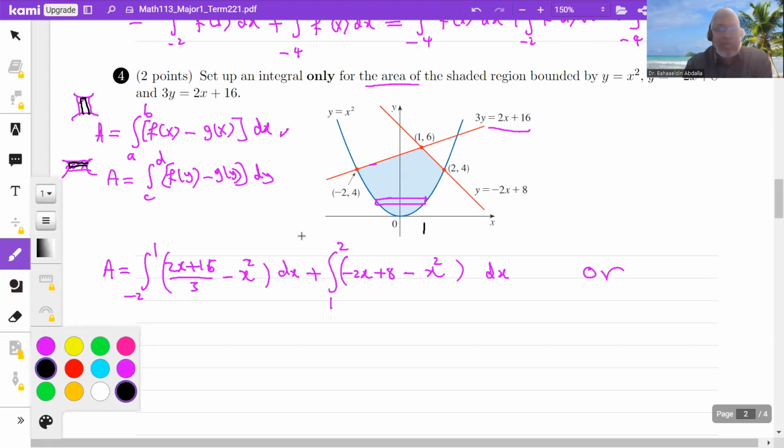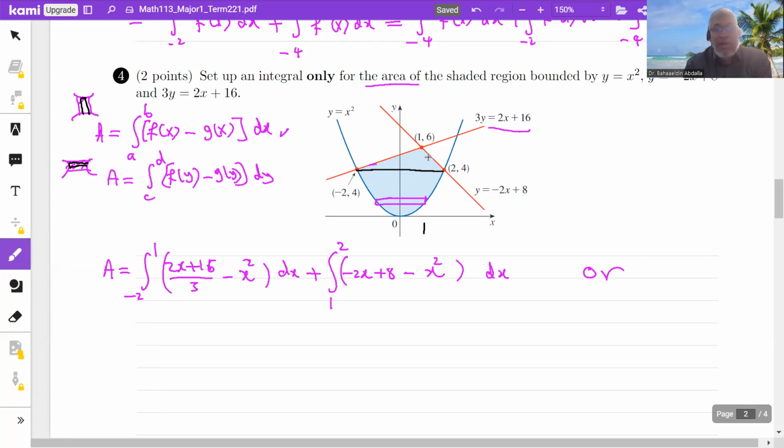But up to where? Up to this line, the line y equals 2. Because after that, I'll have something different. I'll have this line, to the right of this line. So also, if I use a horizontal rectangle, I have to divide the area into 2 parts.